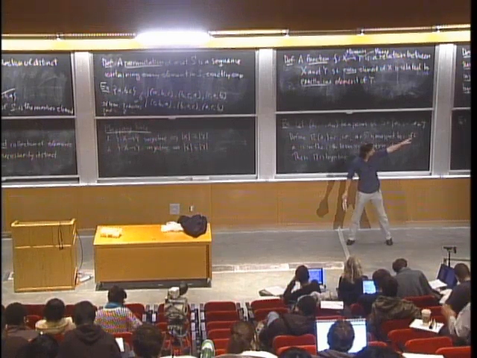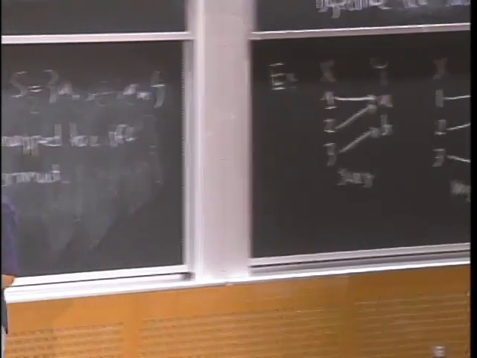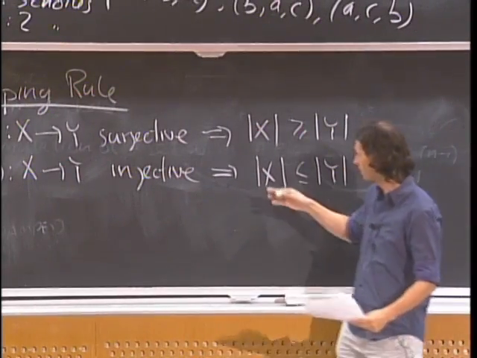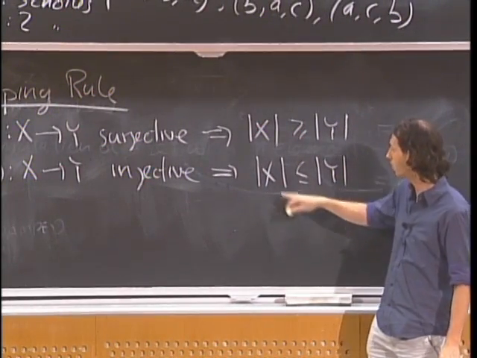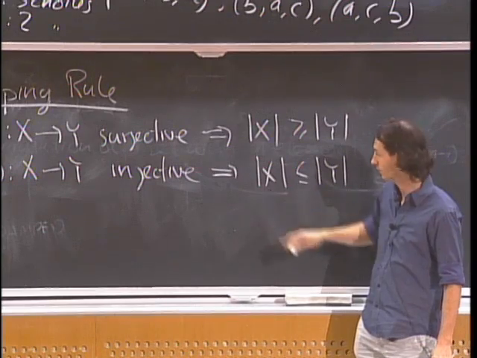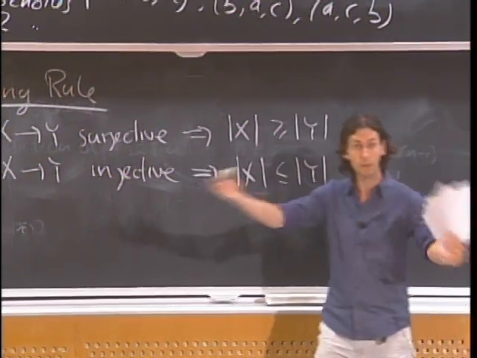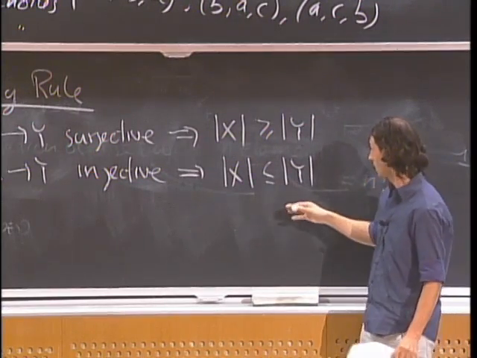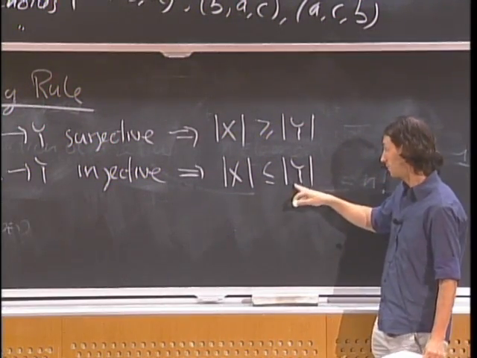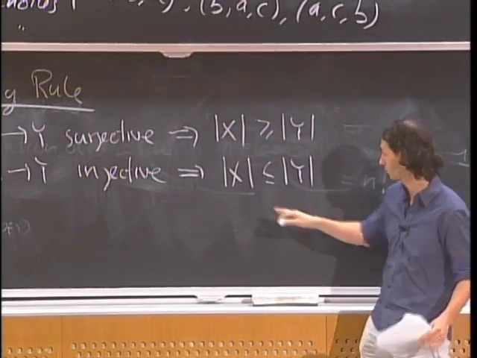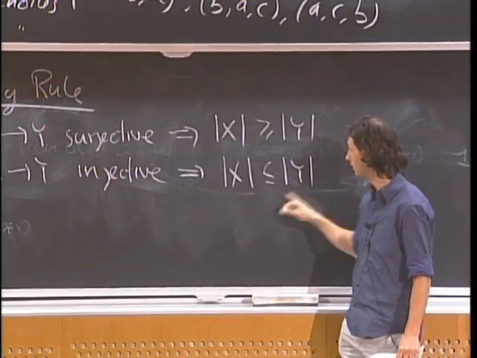Every element is mapped to at most one element, so every element in Y is mapped to by at most one element in X. So we know that all the elements in X are mapped to some element in Y, but every element in Y cannot be mapped to more than once by something in the domain. So we know that this inequality holds.